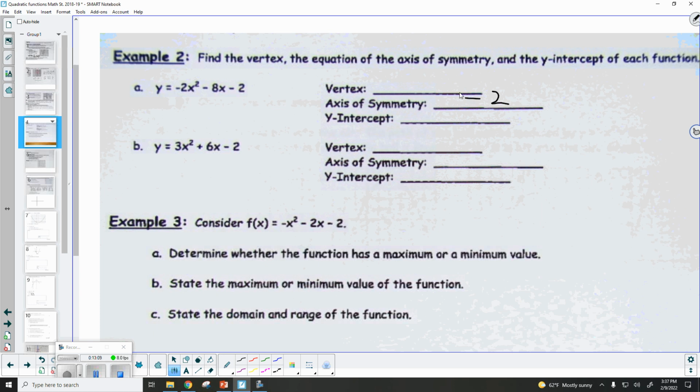Yep. And then Jason, what would be your vertex then? Negative 2.